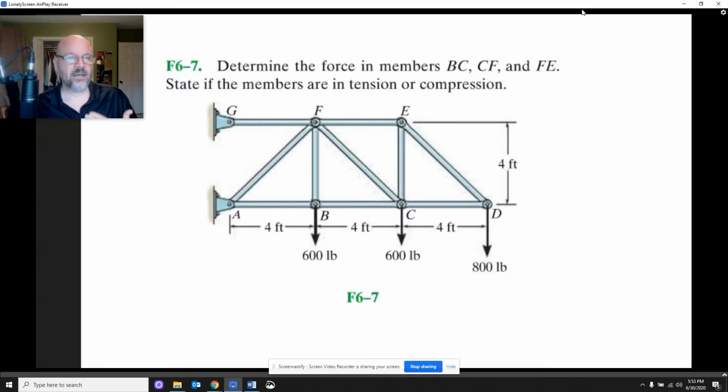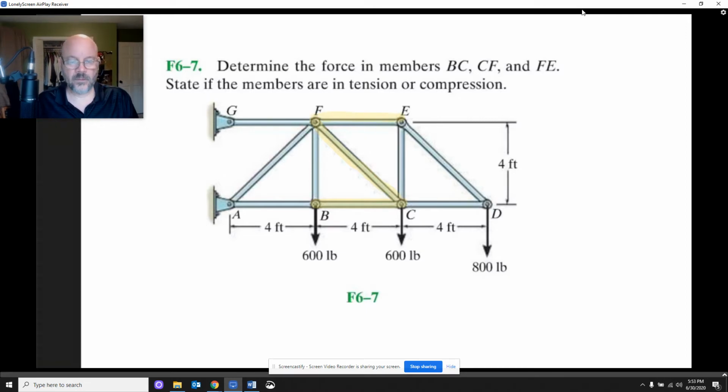So let's take a look here. It says determine the force in the members BC, CF, and FE. State if they're in tension or compression. Let me get my highlighter here. So BC is this one, CF is this one, and FE is this one.